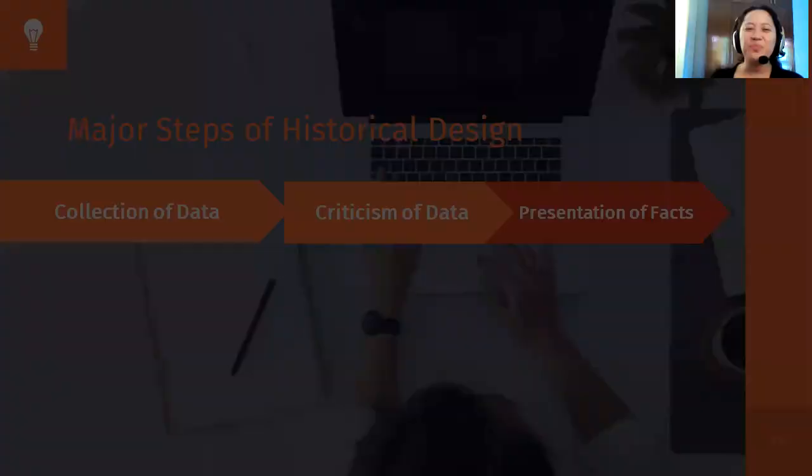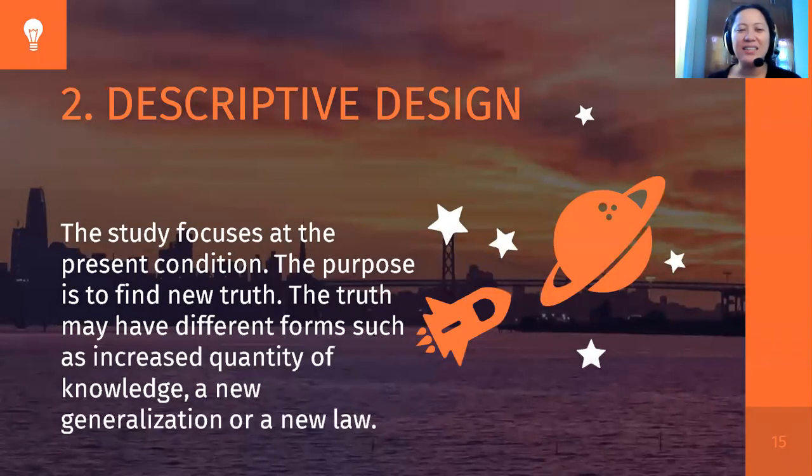Okay, so the second kind of design is the descriptive design. This study focuses on the present condition. The purpose is to find new truth. The truth may have different forms such as increased quantity of knowledge, a new generalization, or a new law.